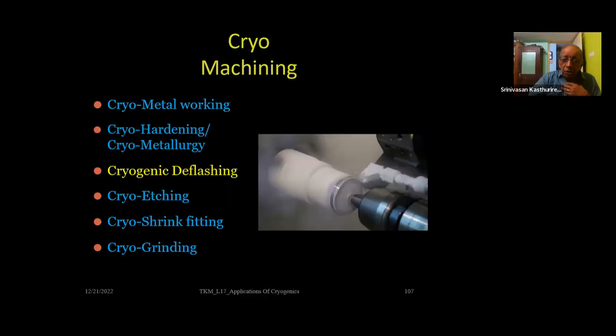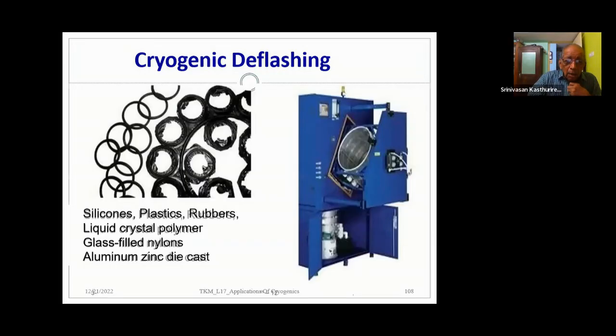Now, if you come to cryogenic machining, okay, first we'll see deflashing. Deflashing is where, when you normally form a rubber component, there is always extra material sticking to it. That's called flash.